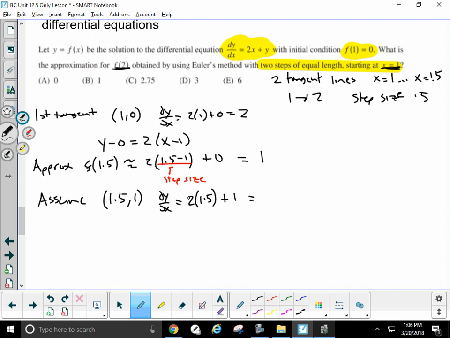Now we have 3 plus 1, which is 4. Creating my second tangent line: y minus 1 equals 4 times x minus 1.5.